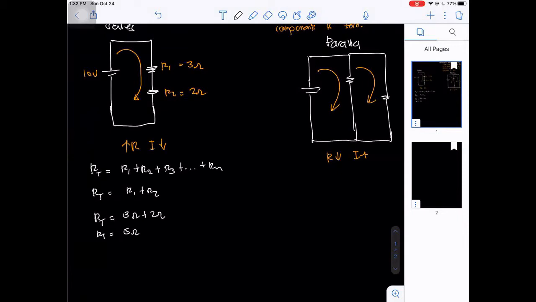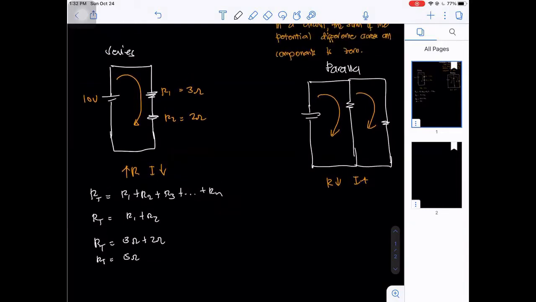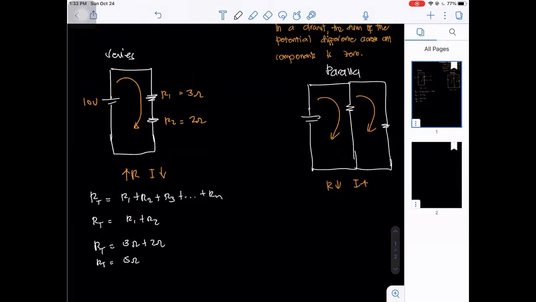Our next step is to solve for the total current flowing in the circuit. By the way, in conventional current flow, current flows from positive to negative.